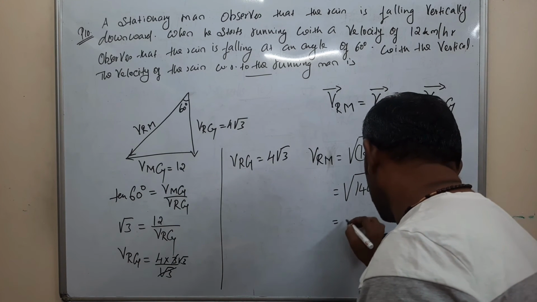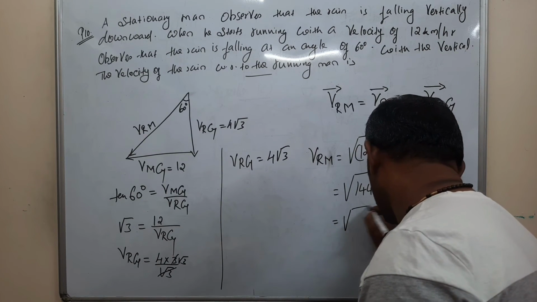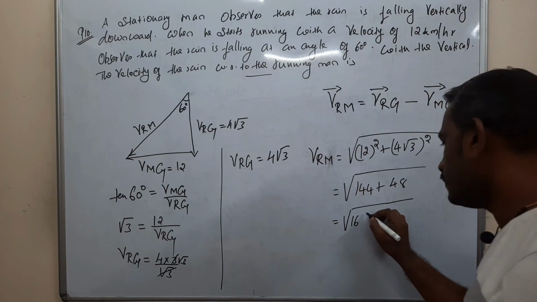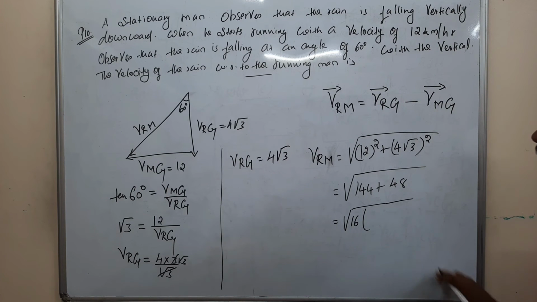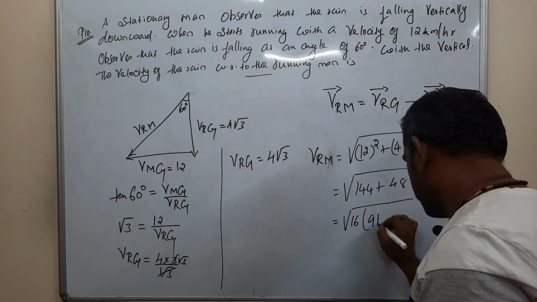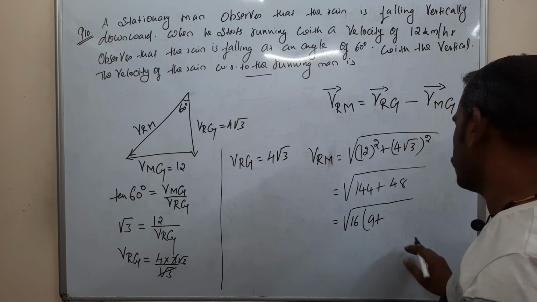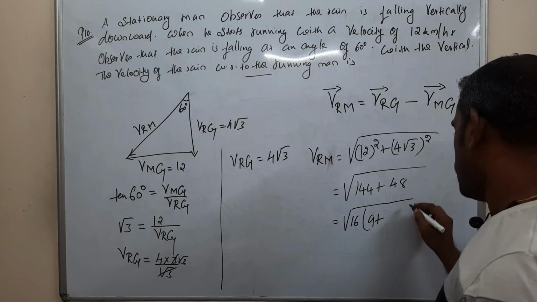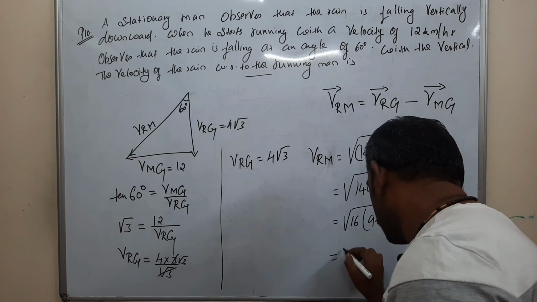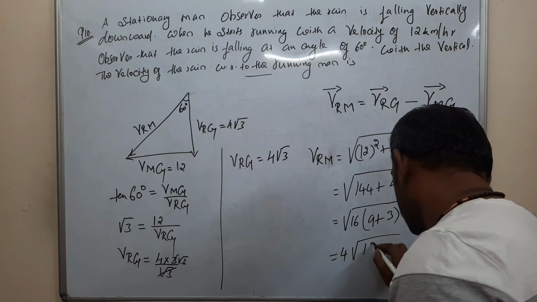So we can take 16 commonly outside: root of 16 into (9 plus 3), since 16 into 9 is 144 and 16 into 3 is 48. So that is equal to 4 root of 9 plus 3, that is 12.